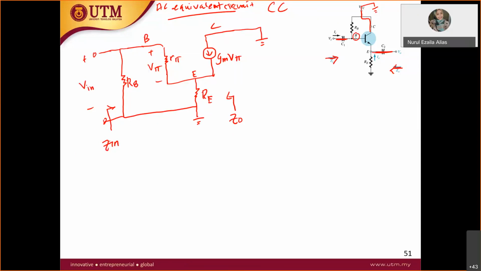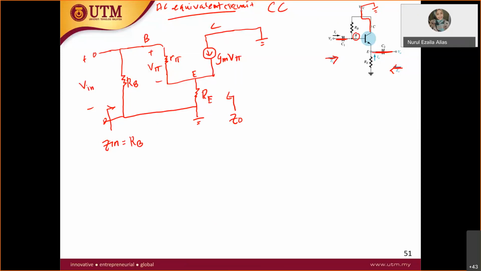Z in is equal to RB parallel with something. What is that something, Alex? Same as the common emitter bypass just now.